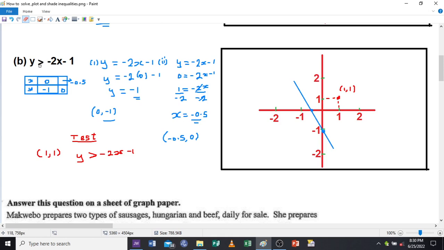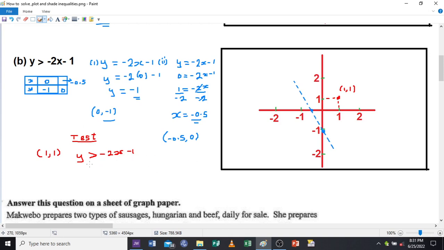It doesn't have or equal to, which means we want the values that will not start from the line. So the line will not be a thick line, but it will be a broken line or dotted line. Very important. If you have a question, you can leave a question in your comment. I'll be able to attend to you. All right, so let's proceed. So that's the line, it will be dotted.